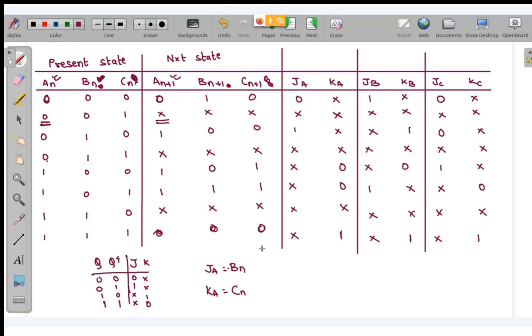Tell me quickly. See, only Shruti is solving, no one else is even bothering. If you continue like this, what will happen? Okay, you are doing it. So JB is QC plus QA complement.